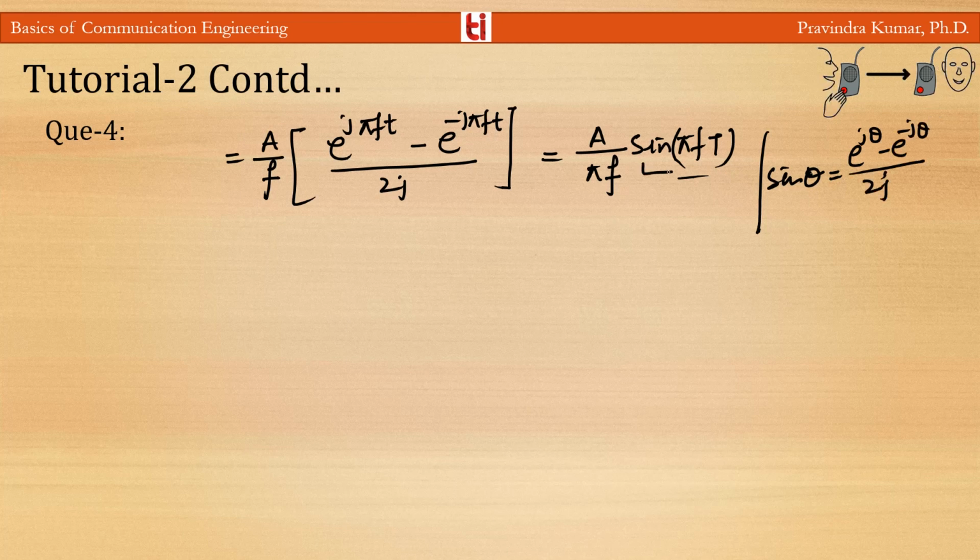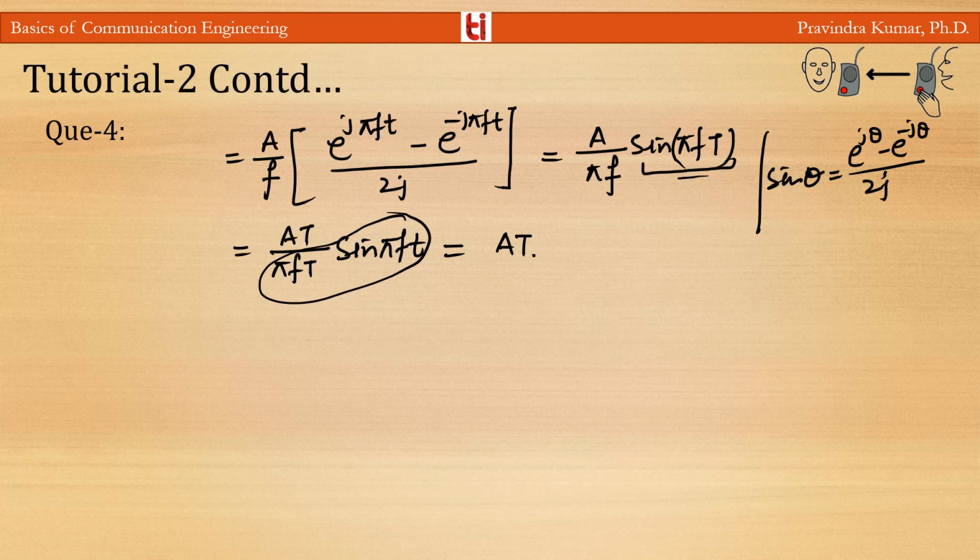So it is sin(pi f T), or I can write it as A T by pi f T, multiplied and divided by T here. Also I can write it as A T, and this part is sin(pi f T) by pi f T.